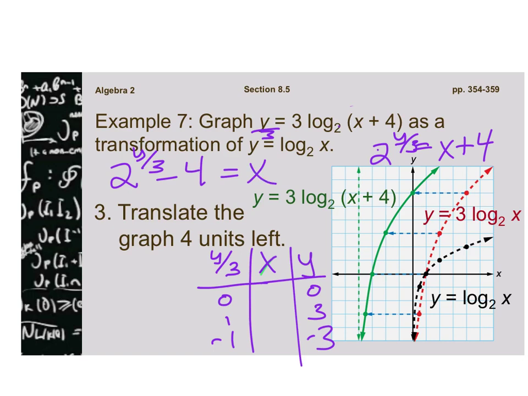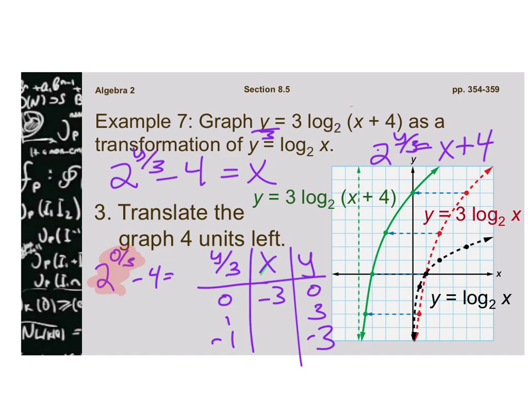So 2 to the y over 3. Well, y over 3 is 0. Well, 2 to the 0 then is 1. Minus 4 is -3. What I did is 2 to the 0 over 3 minus 4 equals, well, this portion is 1.